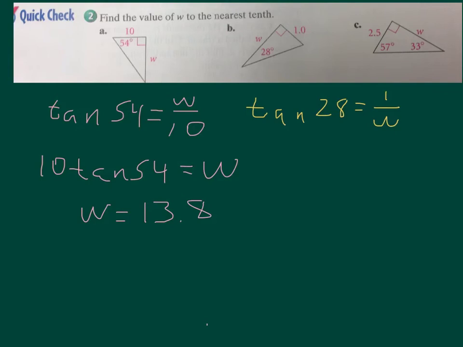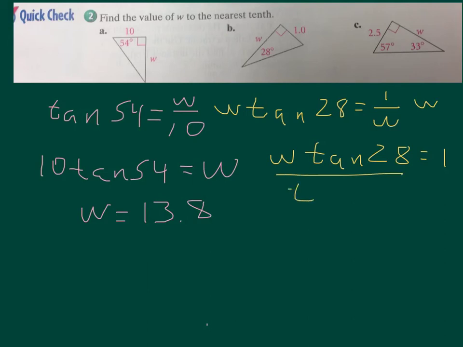Now let's look at part B. Tangent of 28 degrees equals opposite over adjacent, so it's going to be 1 over W. To solve this, the first thing I do is multiply both sides by W. So you get W times the tangent of 28 degrees equals 1, because your W's cancel.